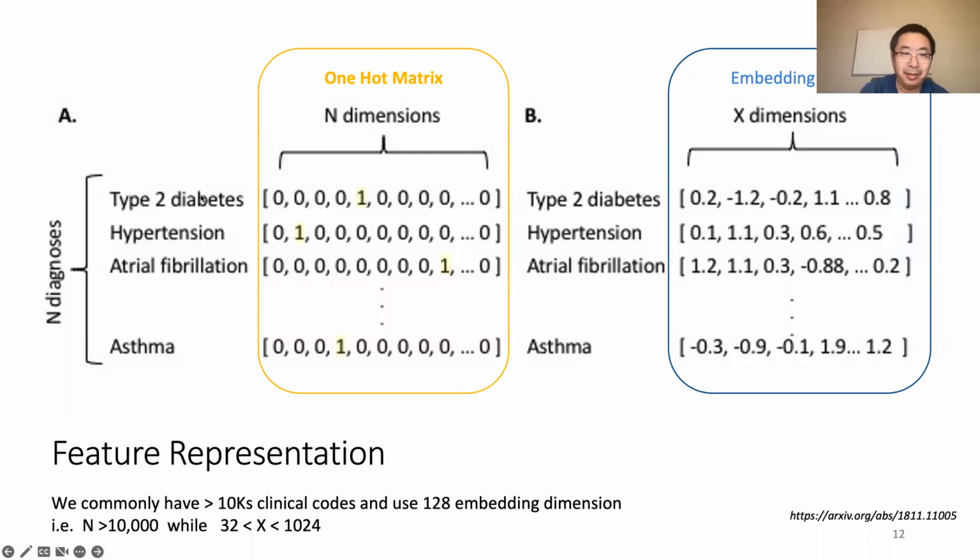It's simple, but it's not very amenable for a downstream neural network. So in neural networks, what we typically do is translate this by multiplying by a matrix into some x-dimensional vector, and this vector hopefully captures the meaning of the thing.